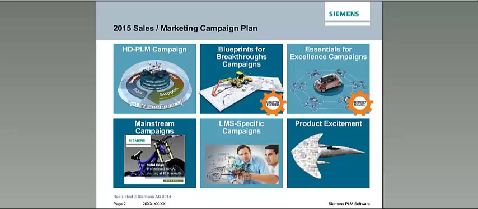The blueprints are industry focused as well. LMS right now is not industry focused in the way as we do that with Essentials for Excellence. They're getting there because now they're fully integrated. Mainstream leads more with the product due to the nature of the business.